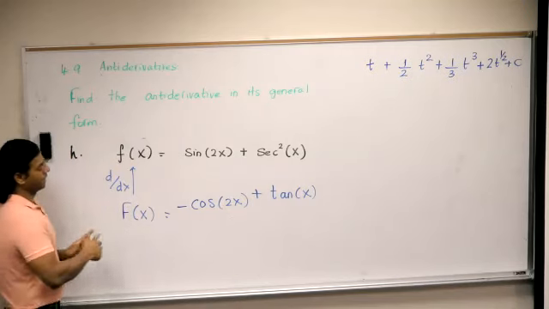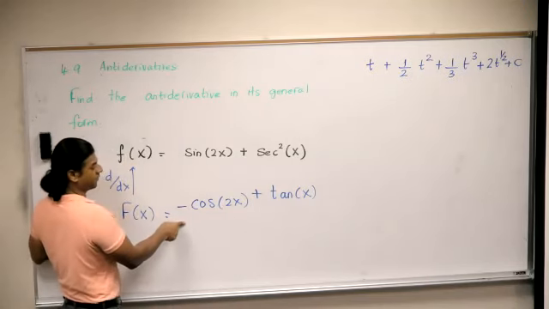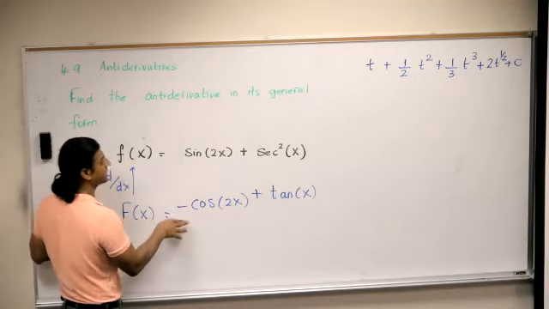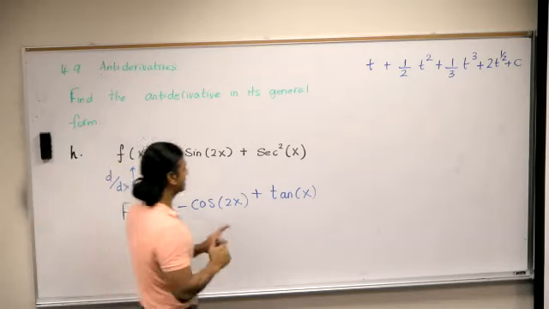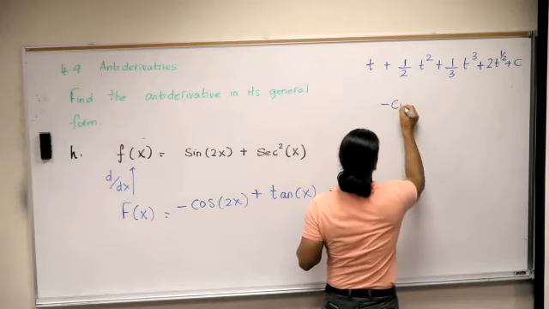In this case, it is 2x, meaning that the chain rule would apply. When we take the derivative of this, I would end up getting positive sine 2x, but there would be another term, times 2.